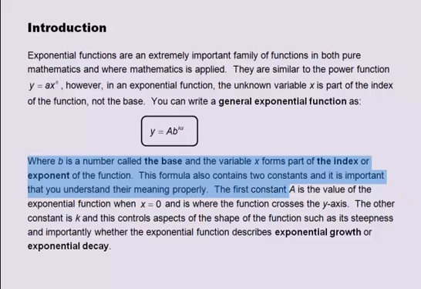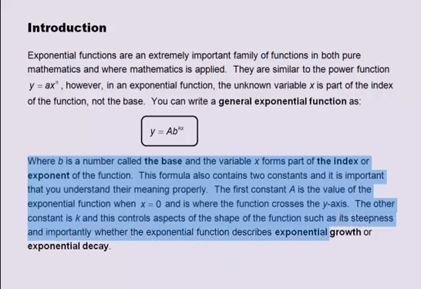The first constant, a, is the value of the exponential function when x equals 0, and is where the function crosses the y-axis. The other constant is k, and this controls aspects of the shape of the function, such as its steepness, and importantly whether the exponential function describes exponential growth or exponential decay.